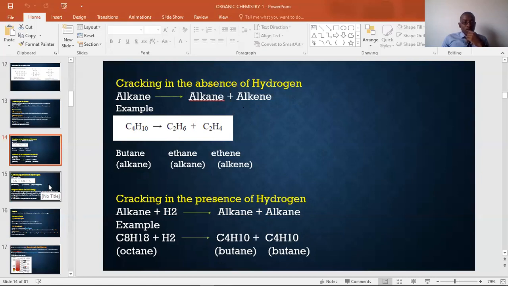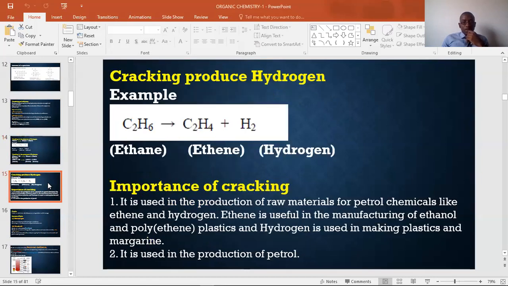Cracking is a very, very important process in chemistry, as it produces hydrogen on a large scale. In this example, we have ethane, which produces ethene plus hydrogen. So cracking can produce hydrogen, and hydrogen is a very cardinal gas in chemistry, used for many purposes.